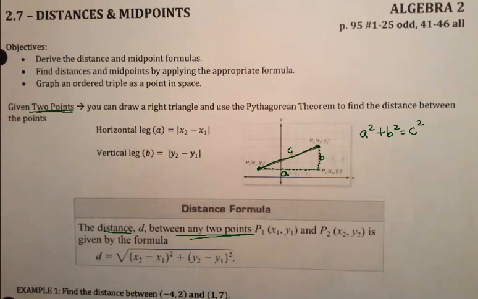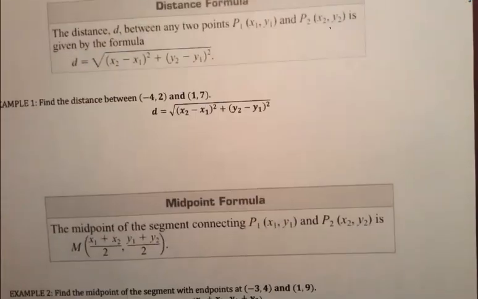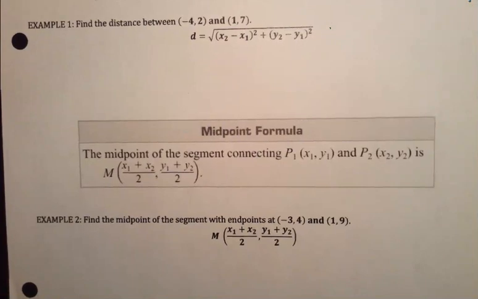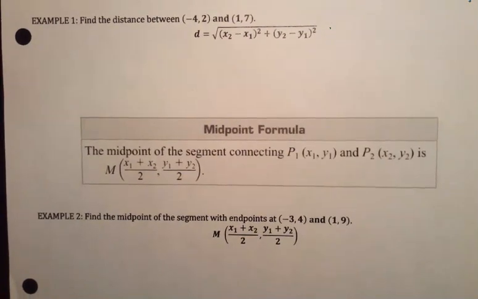All right, so let's put this into action with example 1. In example 1, we need to find the distance between -4, 2 and 1, 7. I've given you the distance formula. So this is going to be our point 1, p sub 1, and this is our point 2, p sub 2.